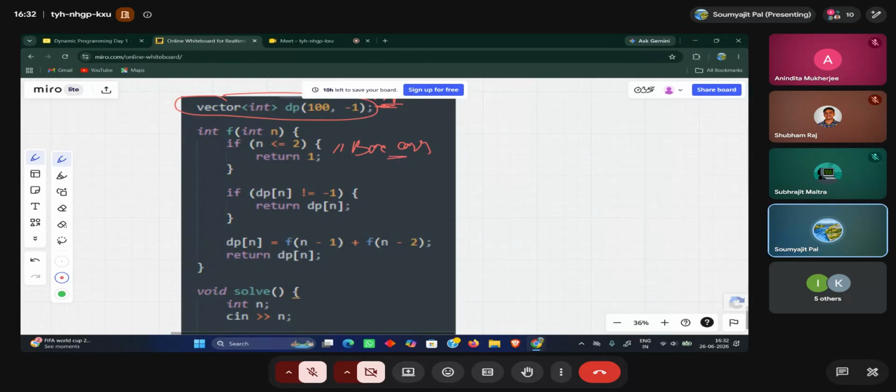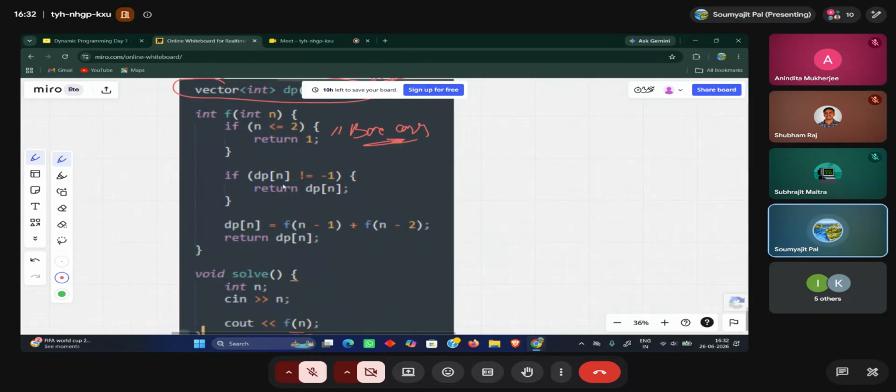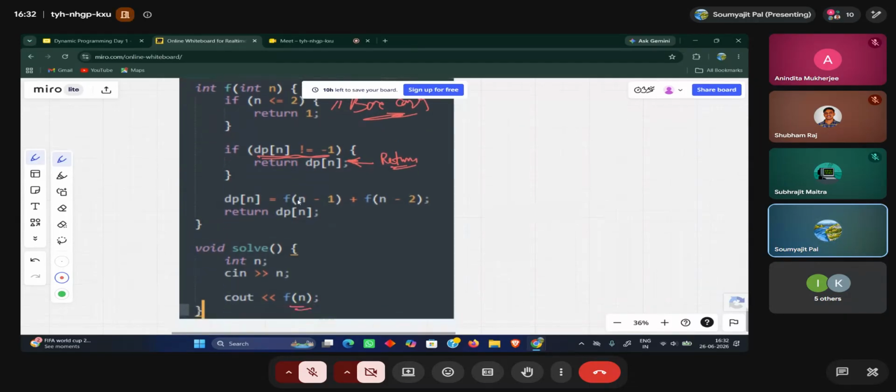And this is a check: if dp of n is not equal to -1, that is, this subproblem has already been solved, just return the value I have stored here. Else calculate Fn minus 1, my n minus 1th Fibonacci number, calculate n minus 2, my n minus 2th Fibonacci number, store this result in dp of n, and return the result.